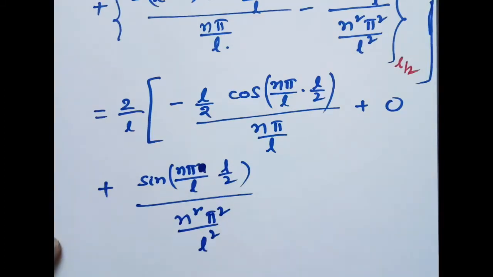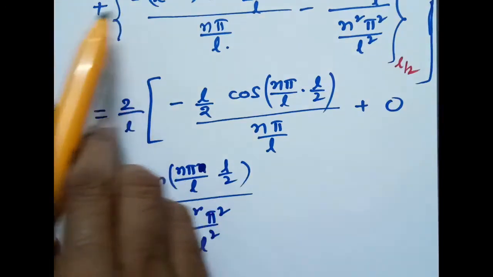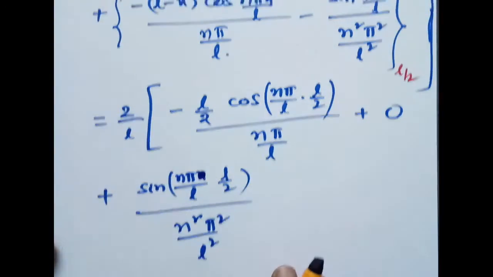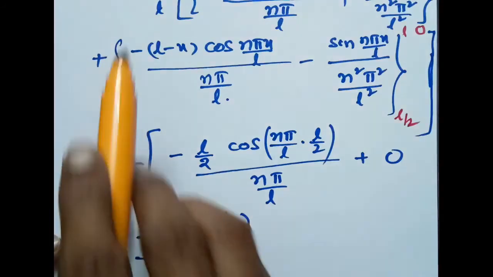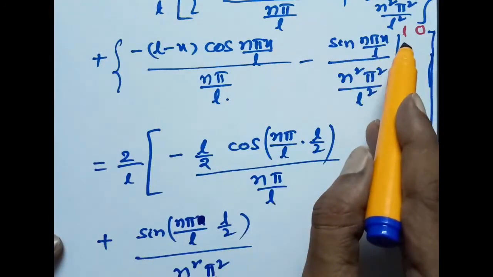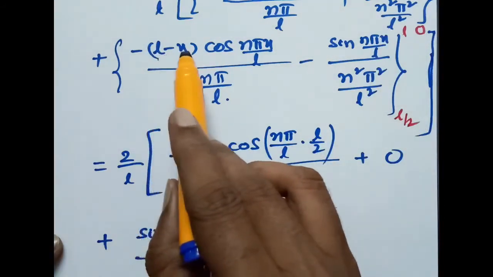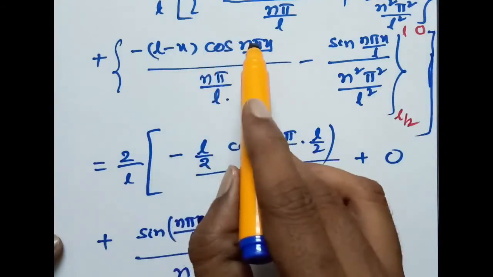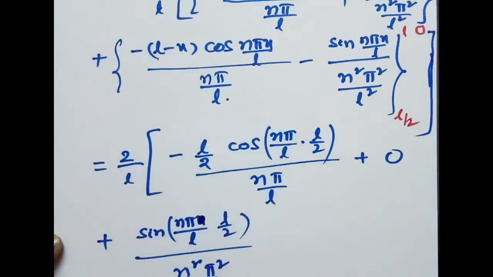Therefore this is the first part. Next, plus into minus, minus (L minus x), upper limit L, L minus L, 0, cos of 0, 1, 0 into 1, 0.